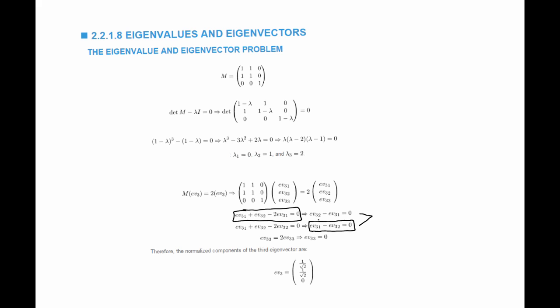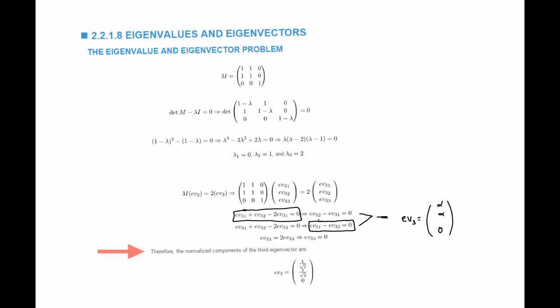These two equations are basically the same equation, which tells me that the first and the second components are equal. Because both components are equal, I can set them to anything. So I can set the eigenvector P3 equal to (alpha, alpha, 0).